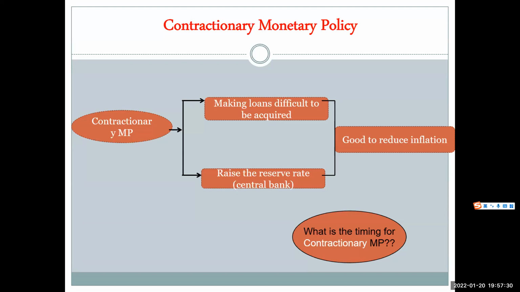So what's the timing for contractionary monetary policy, especially we can connect it with the housing market.